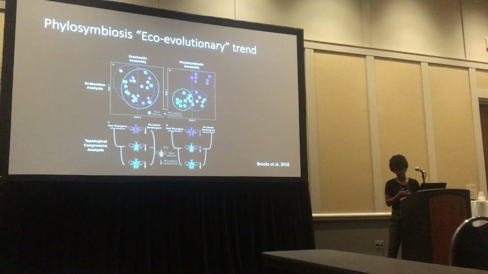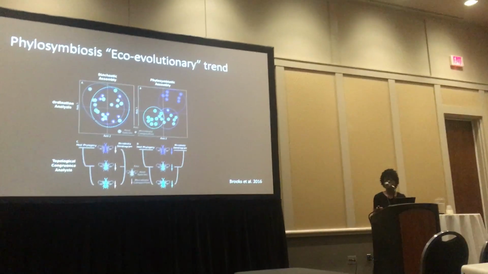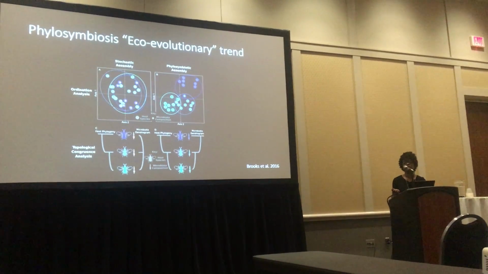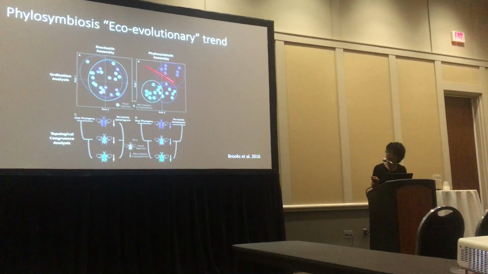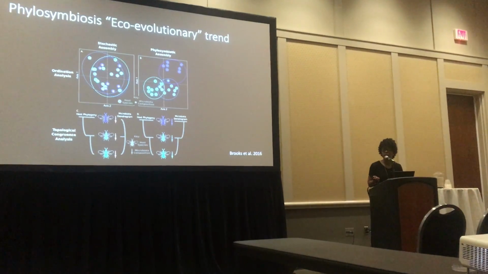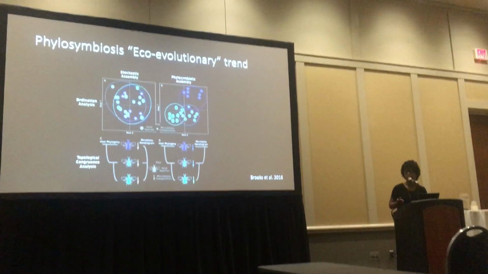What I'm showing here is a schematic of the phylosymbiosis theory that attempts to explain the eco-evolutionary relationship between hosts and their microbiome. The idea is, on the upper left side, if you look at multiple individuals from different species, you can have clustering of their microbiome in multiple different ways.